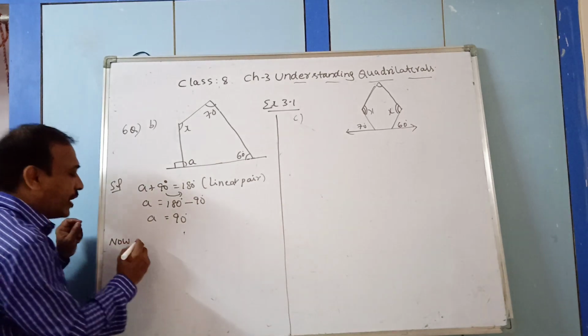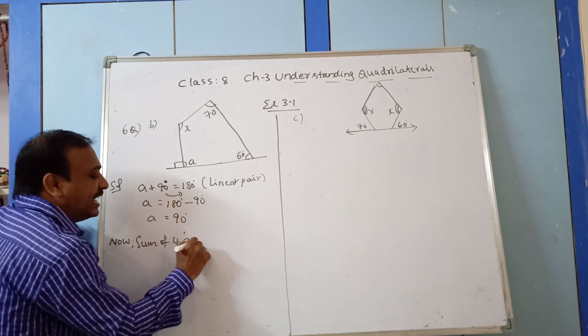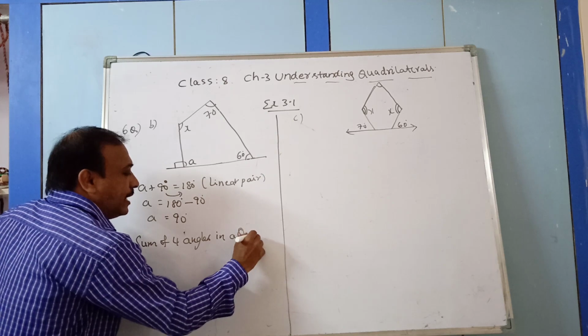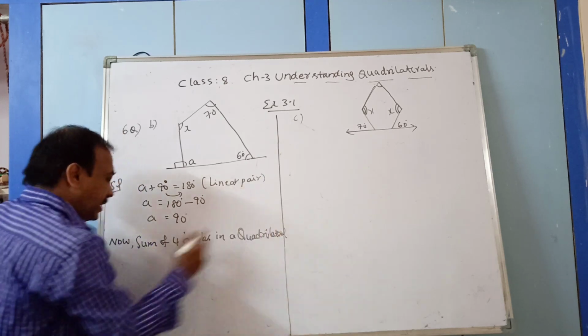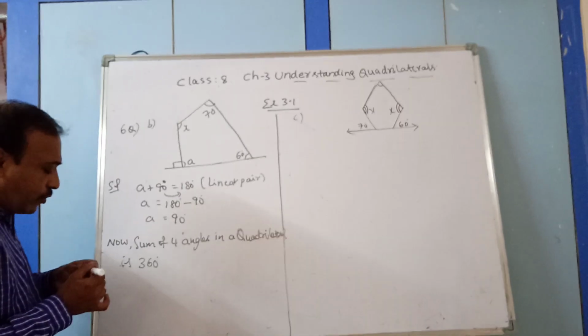Now the sum of the four angles in a quadrilateral is 360 degrees. What are the four angles?